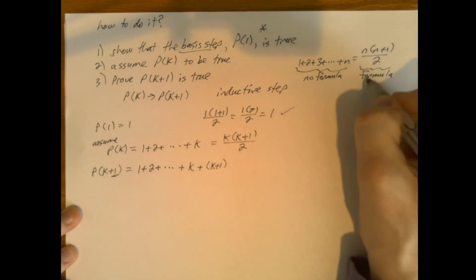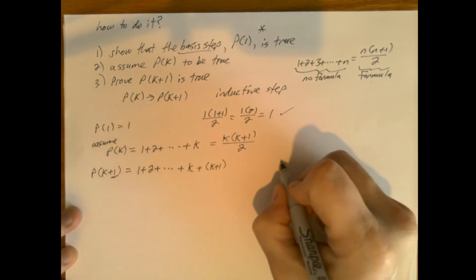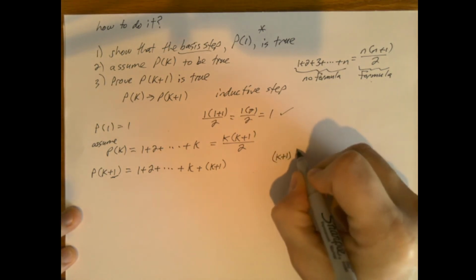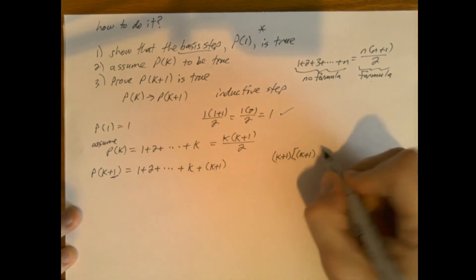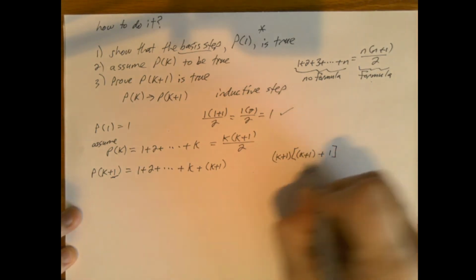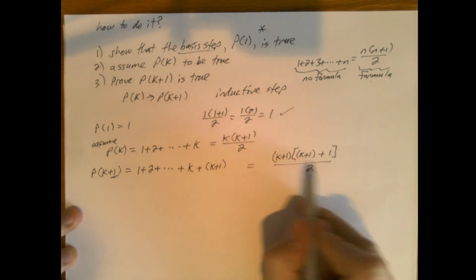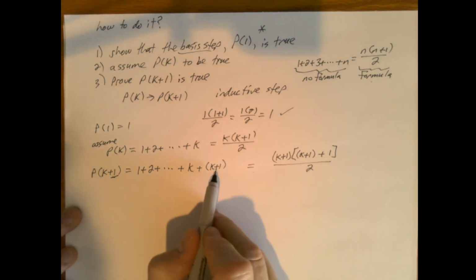But the formula side says that, now I replace each n by k plus 1. The formula says the summation is k plus 1 times (k plus 1 plus 1) all over 2, according to the formula. We don't know if this is true yet. This is simply the sum of the first k plus 1 numbers.